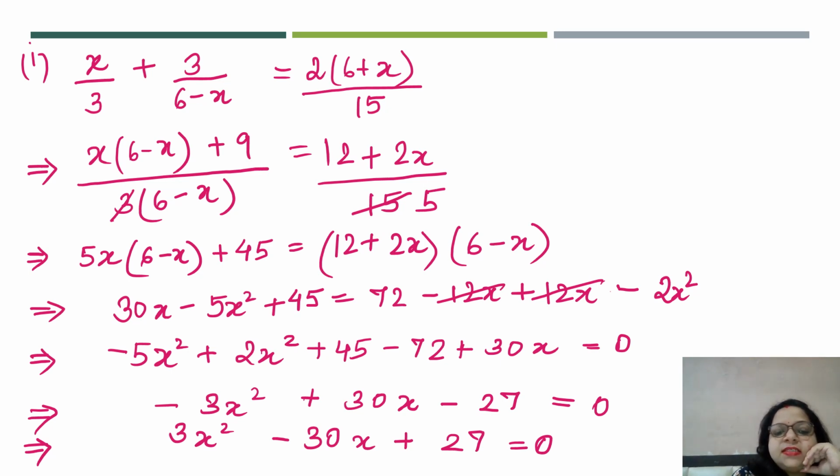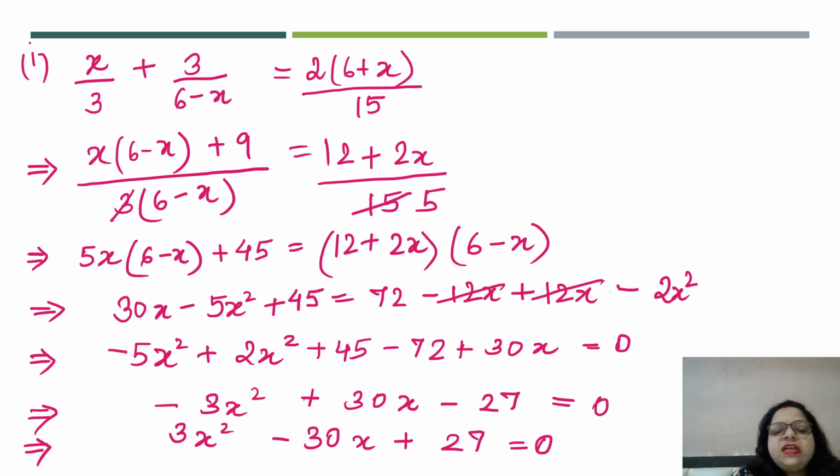Here we have 30x − 5x² + 45 = 72 − 2x². Okay. −5x² + 2x² + 45 − 72 + 30x = 0. How?